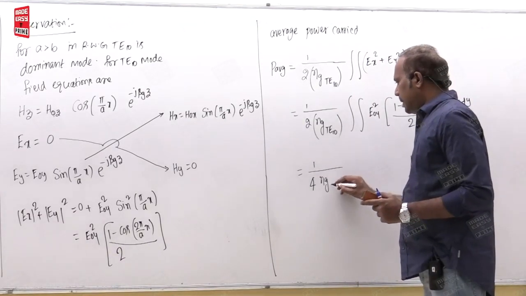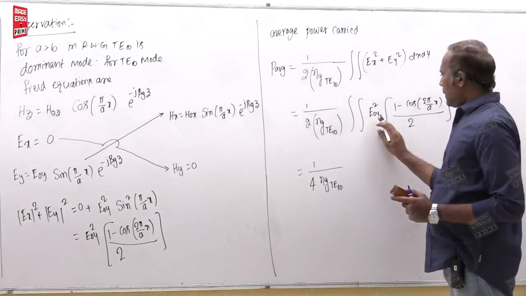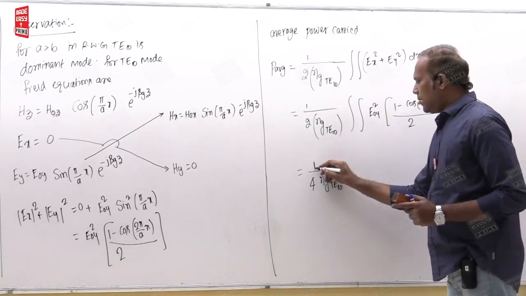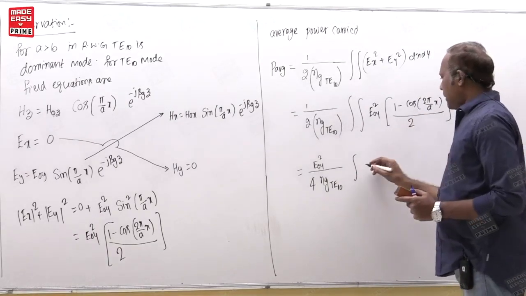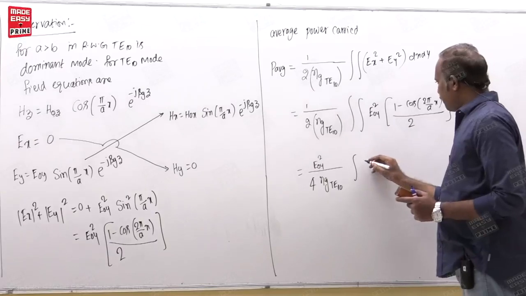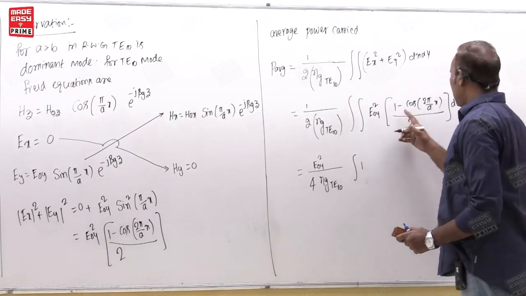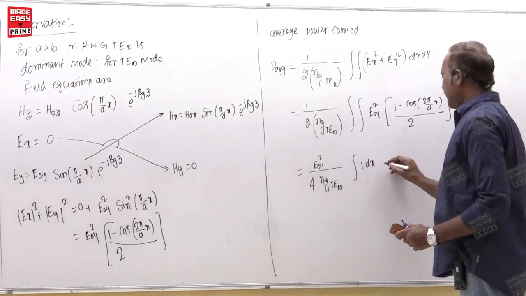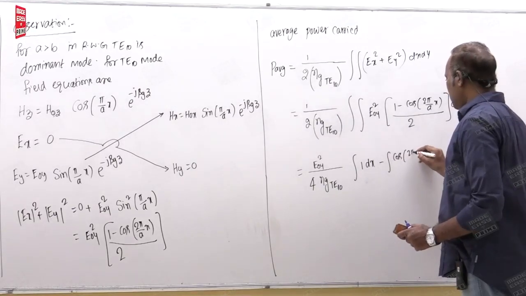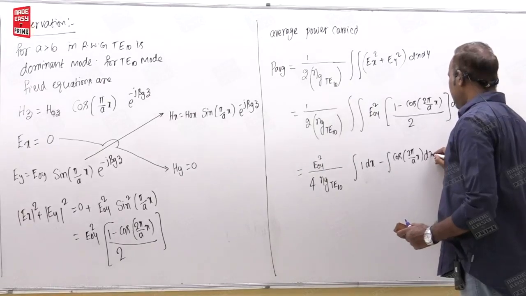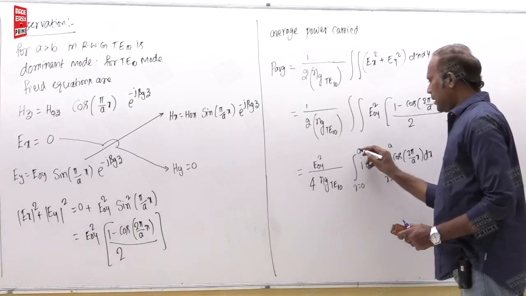Next, eta_g TE10 mode, then E0y squared came out. Then the integral: 1 by 2 is pulled out. Integral of 1 dx minus integral of cos 2πx/a dx, x from 0 to a.